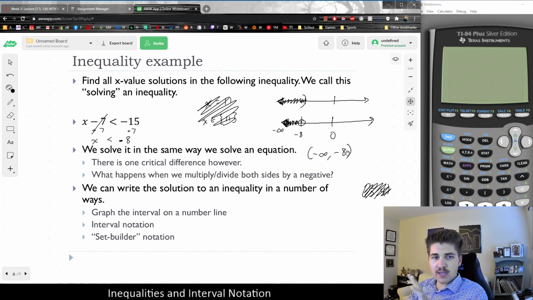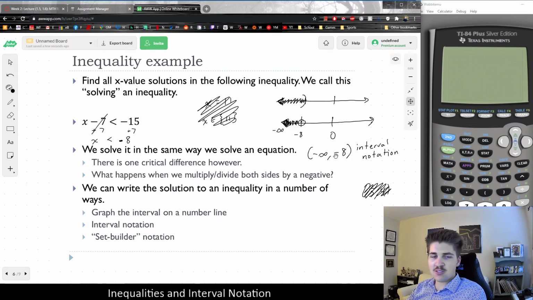And again, just to recap what this means, when I write it in interval notation, all this means is the interval of numbers I'm trying to describe with this notation is everything between -infinity and -8, not inclusive. So I can imagine that, really, that's everything from the smallest possible number until -8.